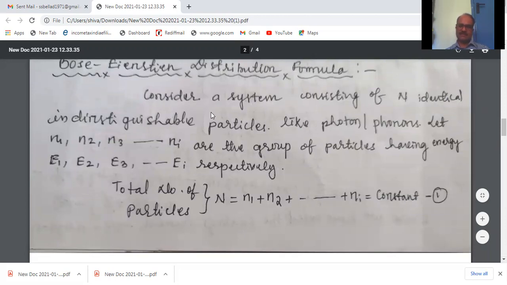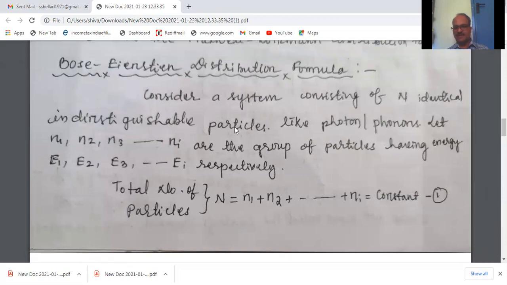The derivation is exactly similar to the Maxwell-Boltzmann distribution, with slight changes. The starting part is the same. That is why it is easy to derive all these three distributions, since there is some similarity in the derivations.